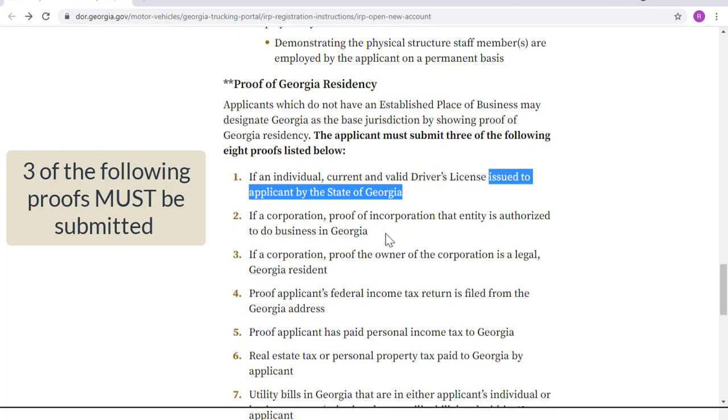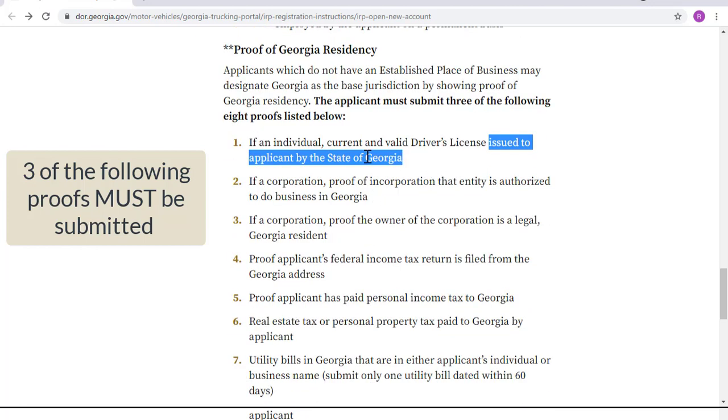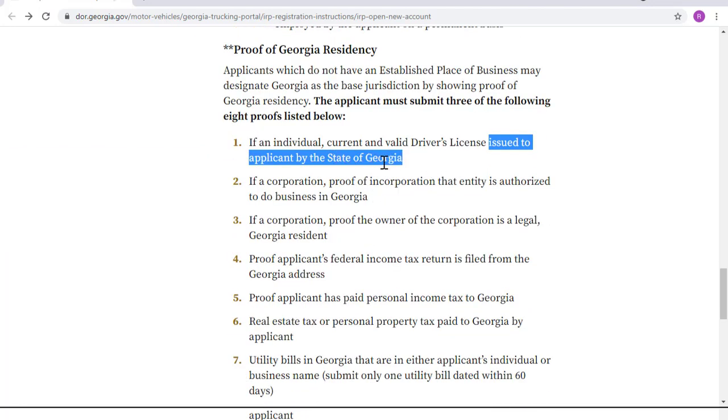Okay. All right. And make sure that the address on that driver's license is the same as the address on the other supporting documents that you will be submitting. All right. So if you're a corporation, you're going to provide proof of incorporation that the entity is authorized to do business where?